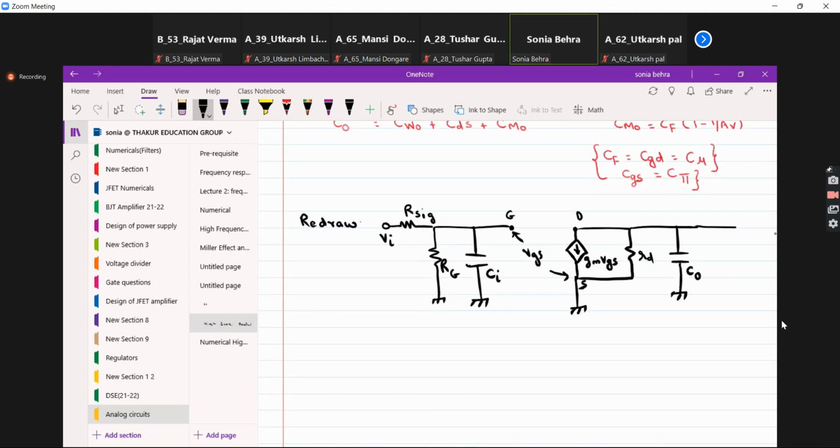Similarly over here you have RD और RL दोनों पैरेलल में है, so RD in parallel to RL. This is your VO. मैंने रीड ड्रॉ कर दिया, सिंप्लीफाई कर दिया. ओके, सो अब मुझे इसमें से अपना हाई फ्रीक्वेंसी फाइंड करनी. नाउ दिस बिकम्स माय हाई फ्रीक्वेंसी इक्विवेलेंट सर्किट.